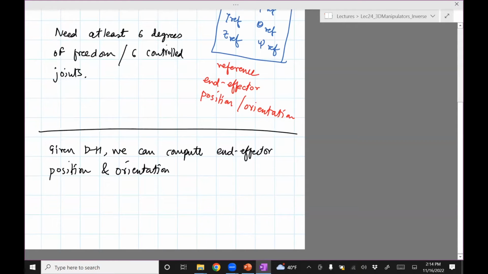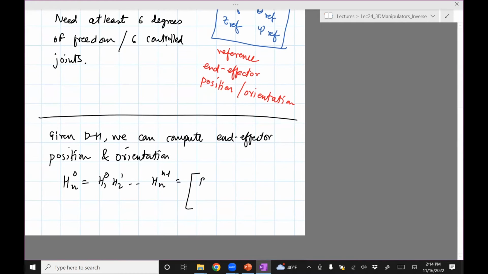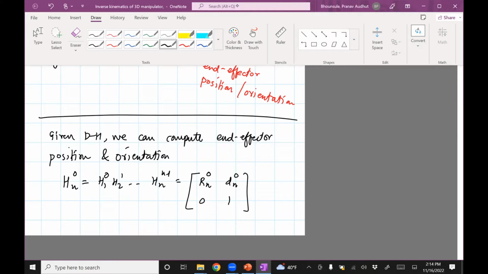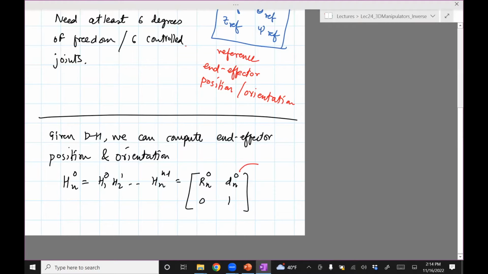That calculation is basically you compute the homogeneous matrix by combining all the H's, up to H n minus 1, and then it will always be of this form: Rn0, Tn0, 0, 1. And this, you want it to be at X ref, Y ref, Z ref. And then this is less clear. This is a 3 cross 3 matrix.